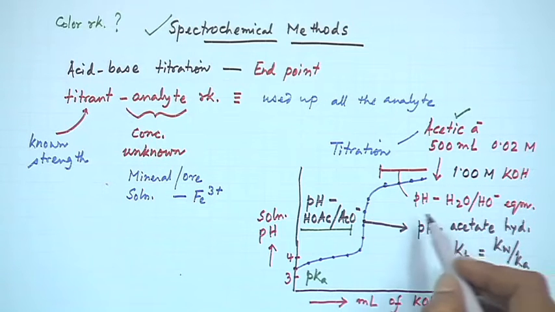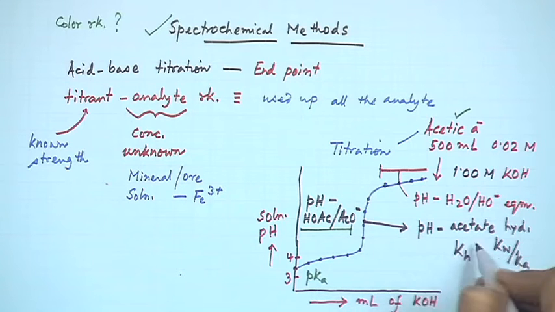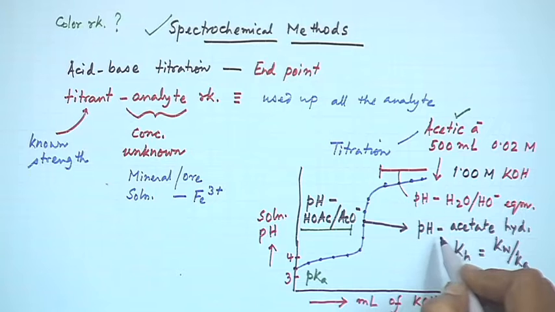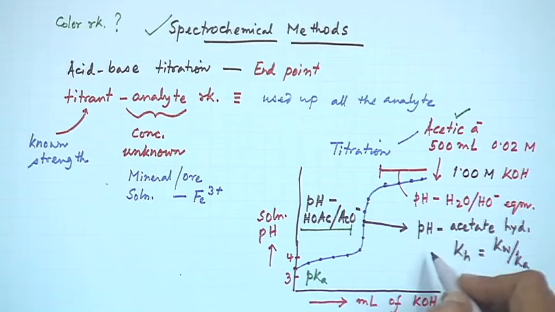Ultimately we are talking of something in this particular range where there is a sharp change or a jump in the corresponding pH values. How we can monitor this particular jump in pH values, we will see with the help of a direct titration or with the help of some spectrophotometer.